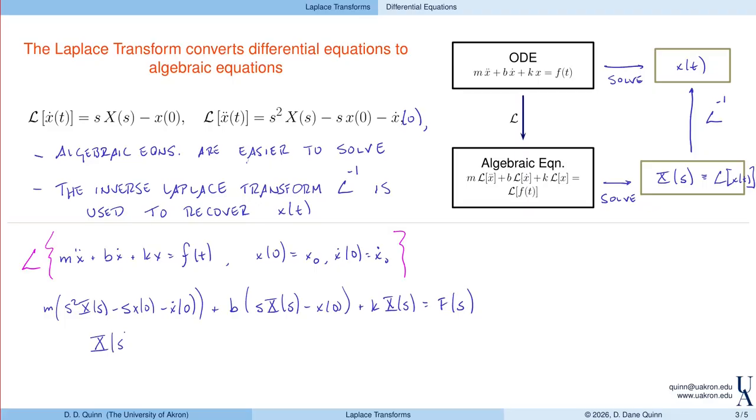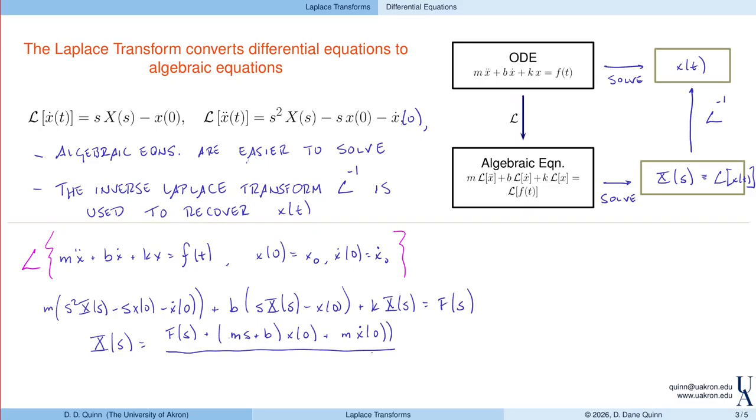X of s is, well, let's take everything that doesn't depend on x of s and put it on the right-hand side. So we get f of s already there. And then we have all these initial condition terms. In particular, the stuff that depends on x 0 is m times s plus b times x 0, plus m x dot of 0. Those values are just given in terms of the initial conditions.